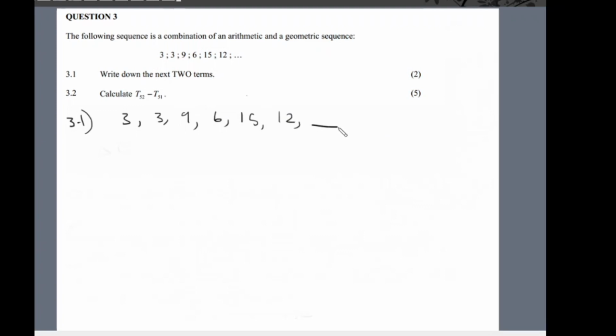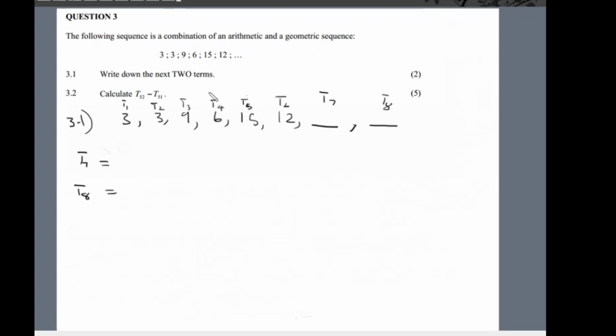They want us to write the next 2 terms, right? So here we have T1, T2, T3, T4, T5, T6. So they want us to write T7 and T8.